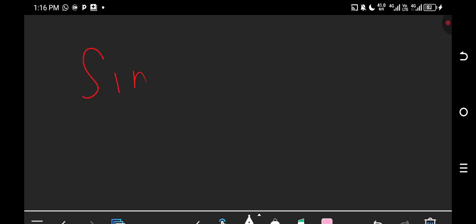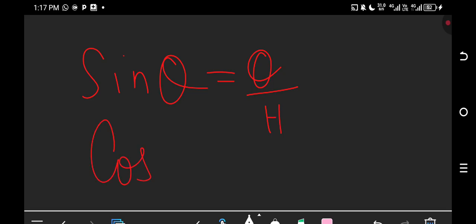Okay, so we have the sine theta. The sine theta, we know that it is given by the opposite over the hypotenuse. Then we also have the cos theta given by the adjacent over the hypotenuse.